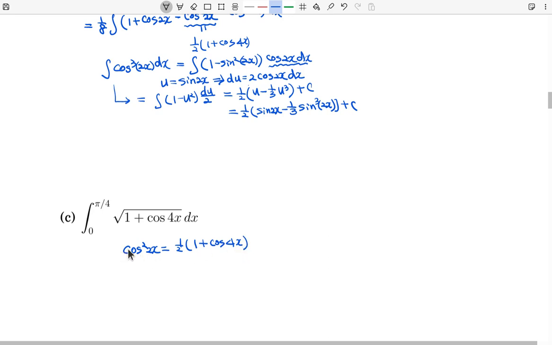So the term inside the radical is the same as twice cosine squared 2x.